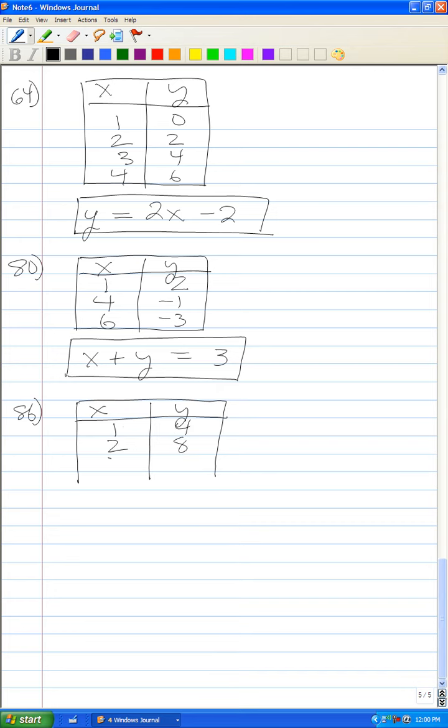When x is 3, y is 12. And so, you notice here that every time I increase my value of x by 1, I'm increasing the value of y by 4. So notice that, well, 1 times 4 is 4, 2 times 4 is 8, 3 times 4 is 12. So y is equal to 4x.